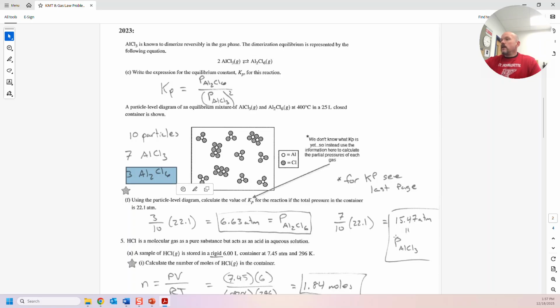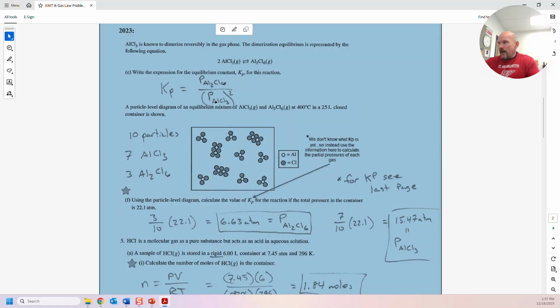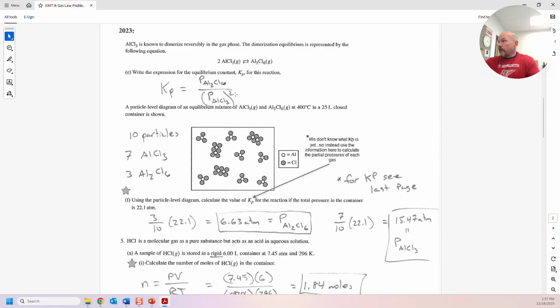So we solve for the partial pressures, and that's really what I would want you to be able to do at this point. But remember, now that we have the partial pressures, all we have to do is plug those into the Kp expression. We would plug that number into there, and that number into there, and don't forget to square it, and that's how we would get our Kp.